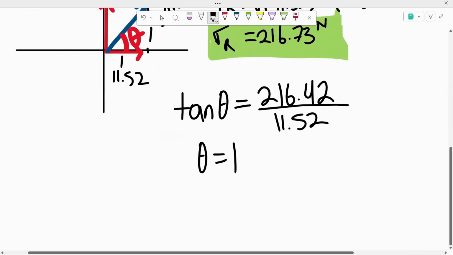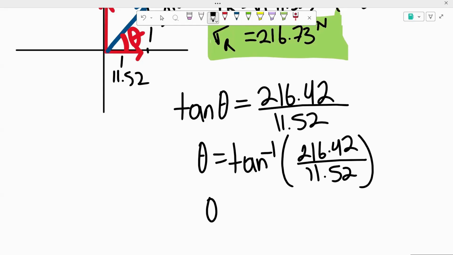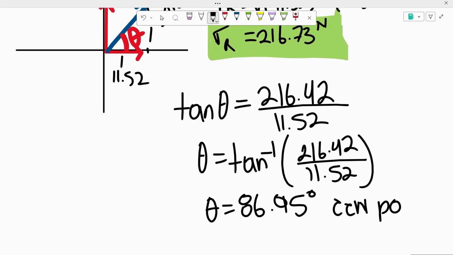So theta is equal to the tangent inverse of 216.42 over 11.52. We plug that into our calculator, and that should give us that theta is 86.95 degrees counterclockwise from the positive x-axis.